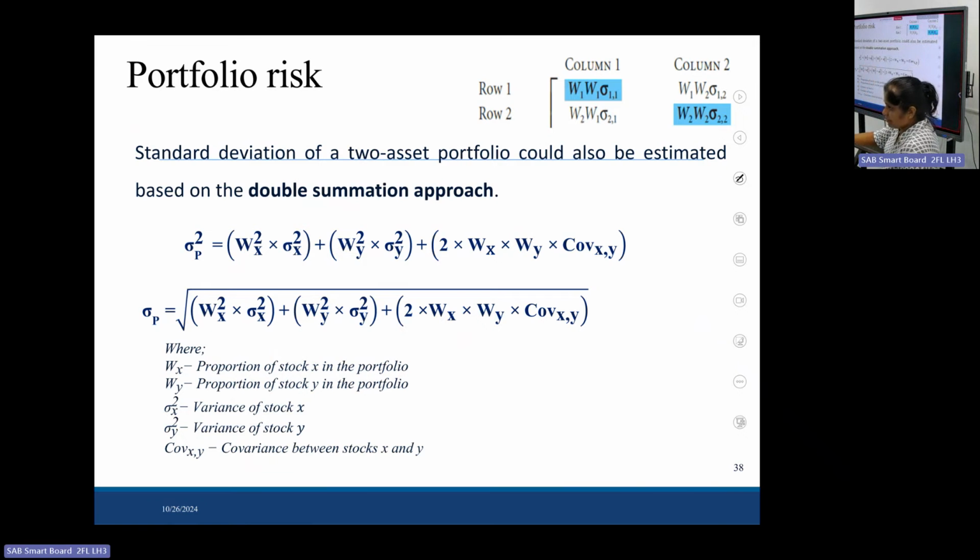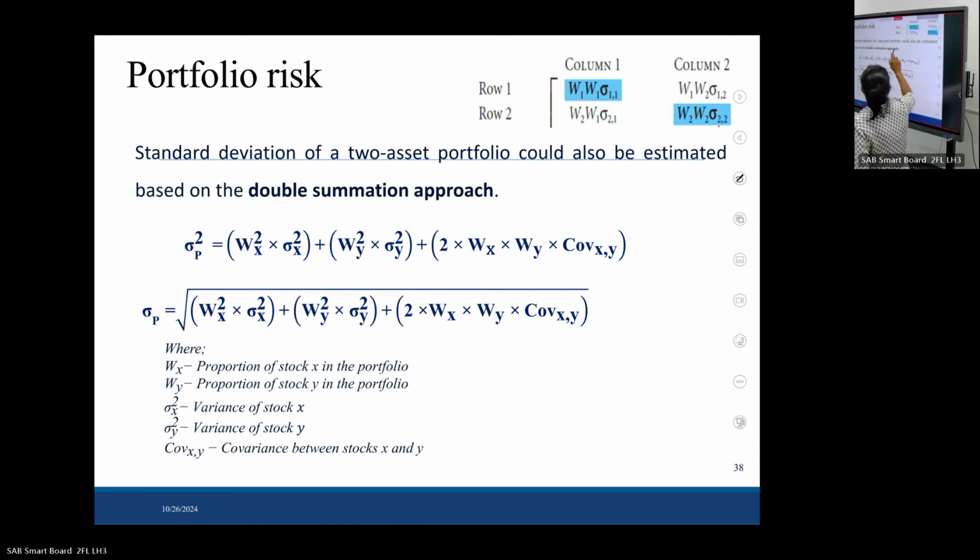So we take the weight of stock X, or say stock 1, squared, into its variance. Then plus weight 2 squared and the variance of stock 2. So that is the square of the weight and the variance.